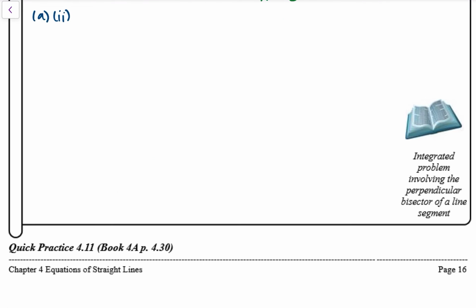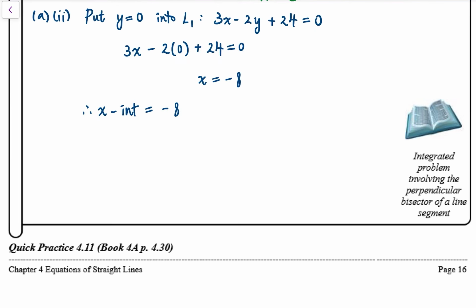In order to find the x-intercept of L1, we'll put y equals 0. We get the x-intercept of L1, negative 8.